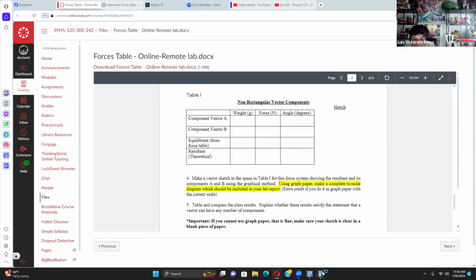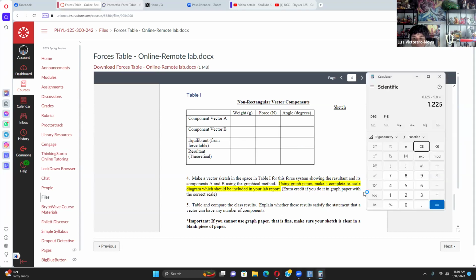Now, the weight, how do you go from newtons to grams? So 3.4, you divide by 9.8, that's the mass in kilograms, multiply by 1,000, that's 347, basically, grams here, right? The resultant theoretical, you can just use the one given in the software.